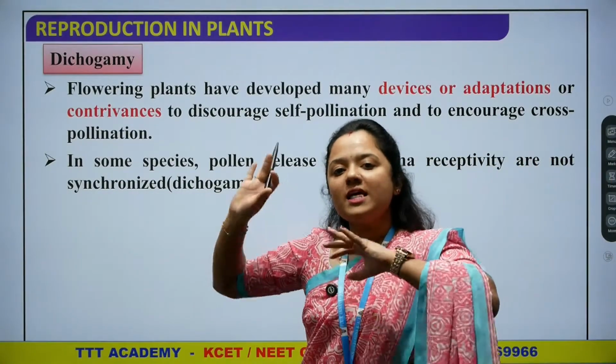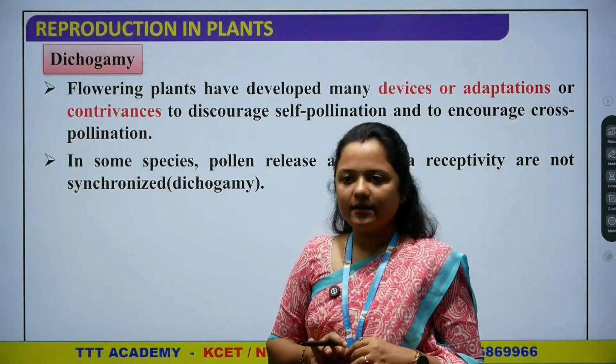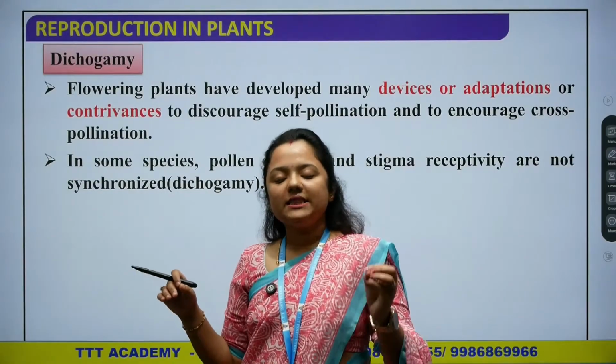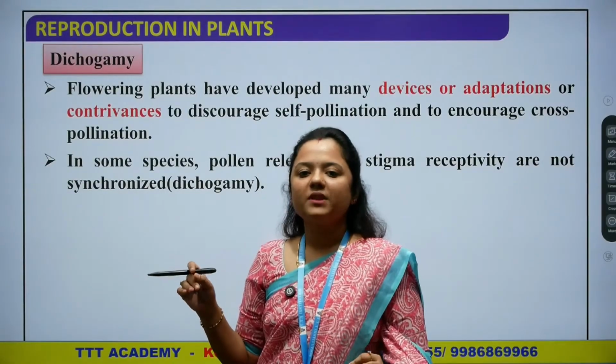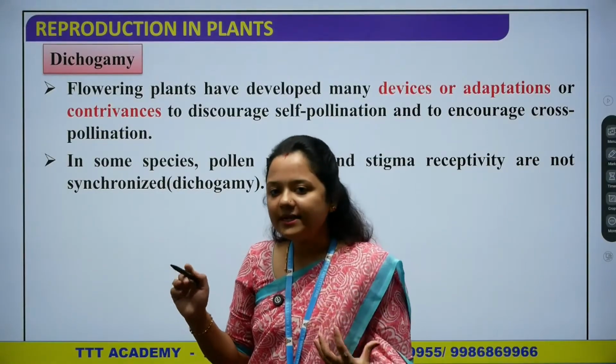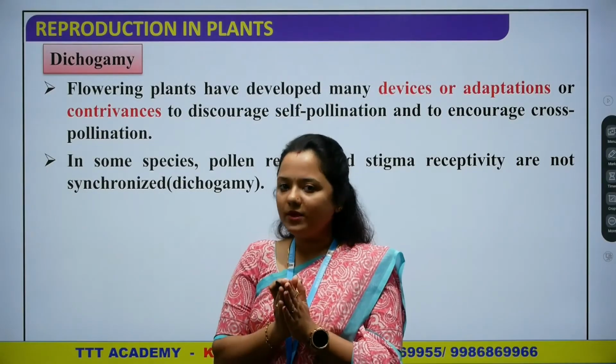So how is this kind of adaptation seen in flowering plants? In the dichogamy condition, the synchrony or compatibility between the male and the female gamete is not seen properly.